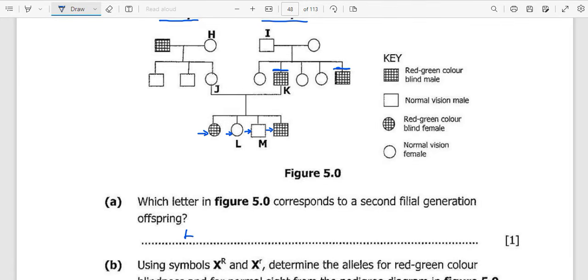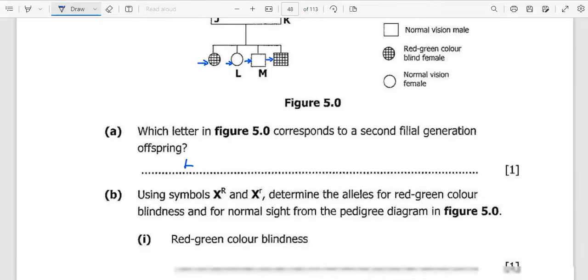Apart from that, we can move to B, using symbols X. This is a normal, and then we have the X, small letter r, which is a carrier here.